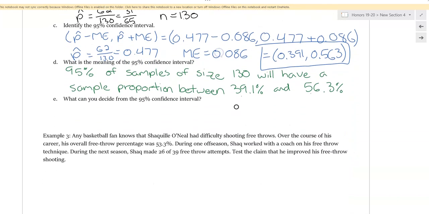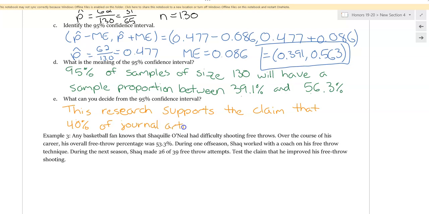So this research supports the claim that 40% of journal articles are written by U.S. authors.